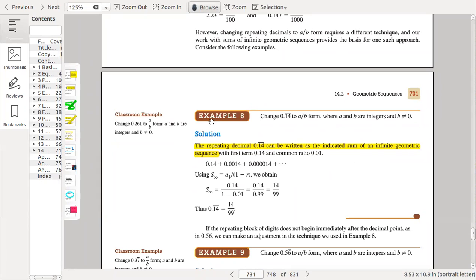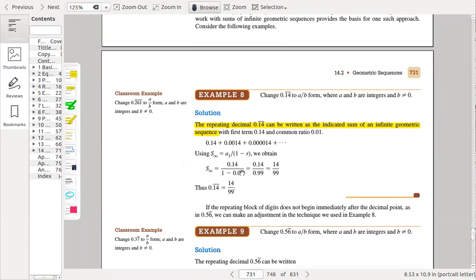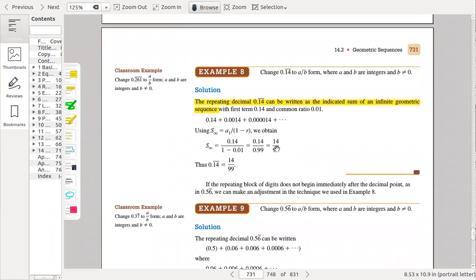Using the formula, S infinite is equal to a1 over 1 minus r, we obtain S infinite equal to 0.14 over 1 minus 0.01, equal to 0.14 over 0.99, equal to 14 over 99. Thus 0.14 bar can be written as 14 over 99.